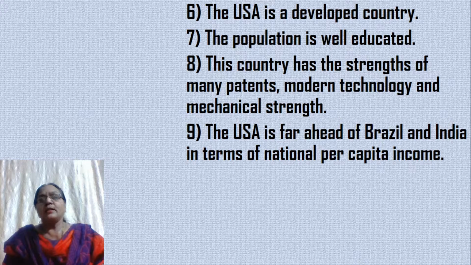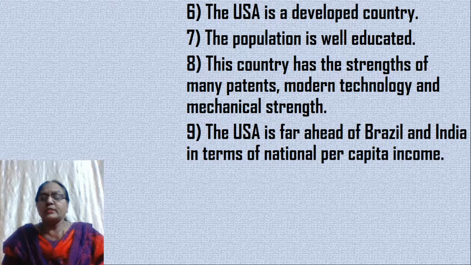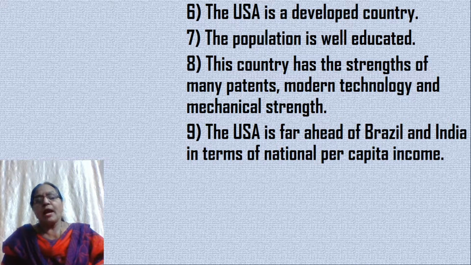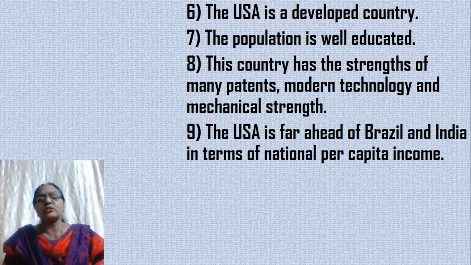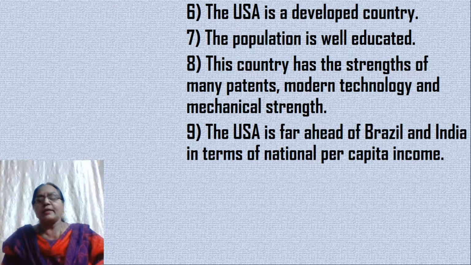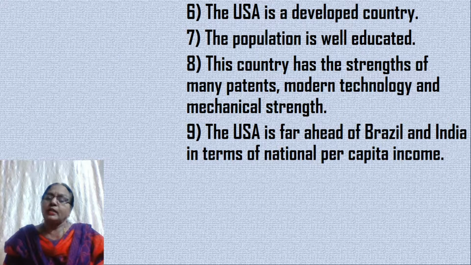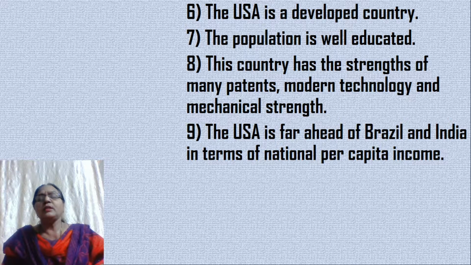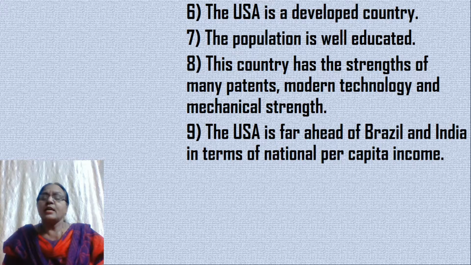Okay, it depends upon modern technology, and also mechanical strength. So you find a very low percentage of the population in the USA is dependent upon the primary sector. Okay, there are more people in the tertiary as well as the quaternary occupations.